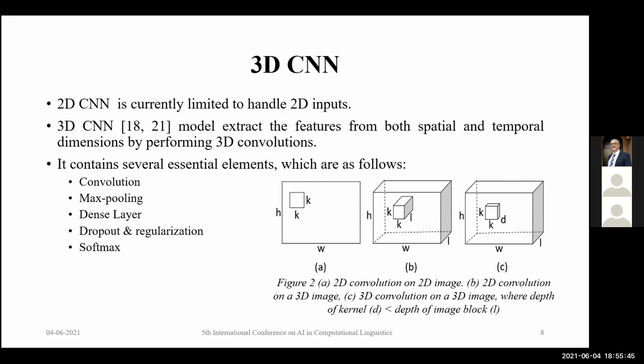There are limitations of the 2D CNN. In the case of the 2D CNN, it only takes a 2D input, and the important thing is that the convolution filters are of 2D size. So they operate on separate frames.